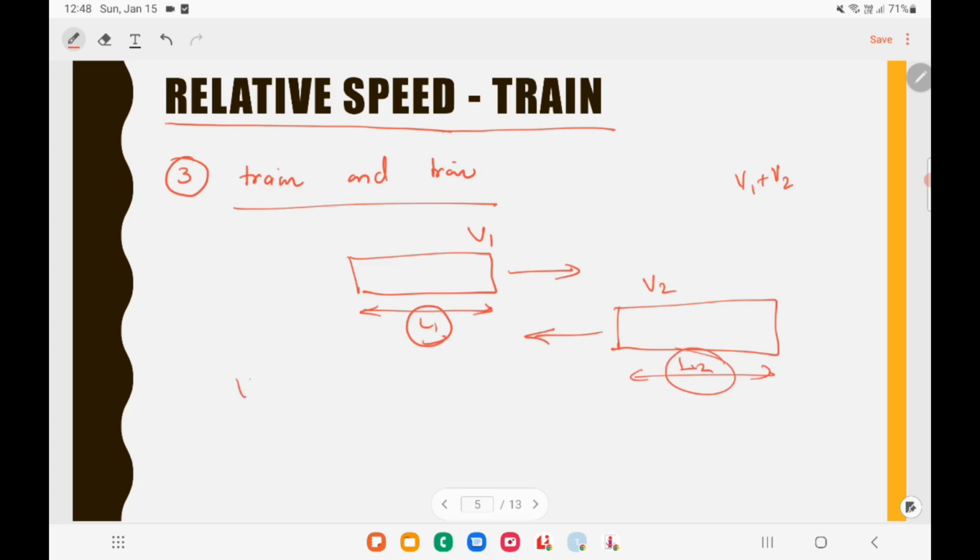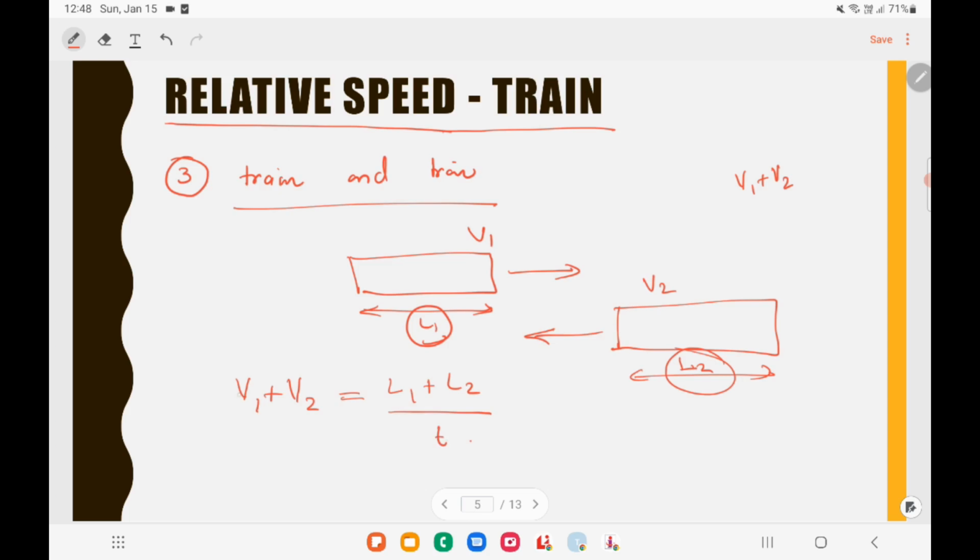So here you need to use the formula: V1 plus V2, the total velocity, is equal to total distance by time. Distance will be L1 plus L2 because they need to cover each of their lengths to cross each other. If T is the time taken, it will be L1 plus L2 by T.